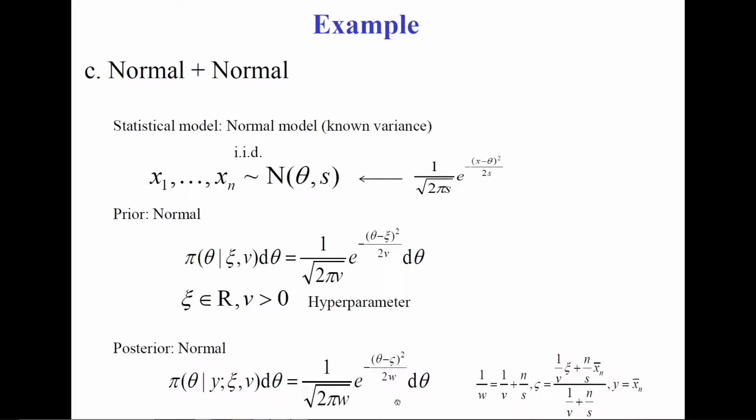And here, the parameters W and theta are calculated using this formula. So the hyperparameters xi and V in the prior distribution are replaced with W and theta, which are calculated under observation. Here, X n bar denotes the mean of the data.